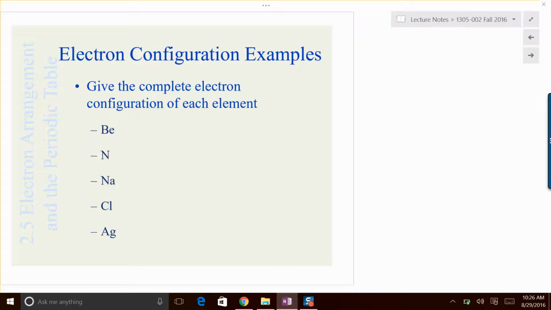So beryllium, I want to write its electron configuration. I'm going to start at hydrogen. Hydrogen is found in the 1s. Helium is also found where? 1s. So helium is a little bit deceptive in its position, right?